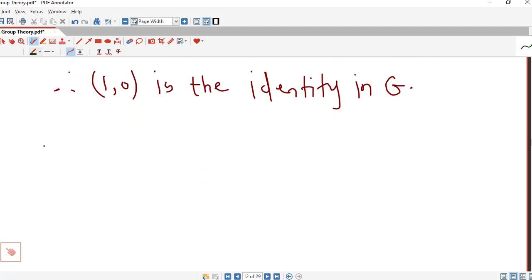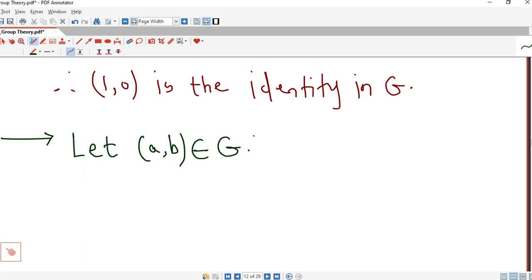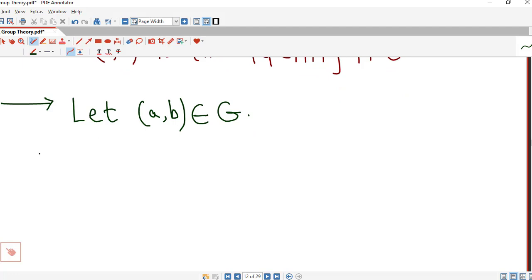And the last property is we have to show that every element of G has an inverse in G. So for that we start by taking any element in G, and we have to show that this element has an inverse in G. So we assume that some ordered pair is the inverse of this element.